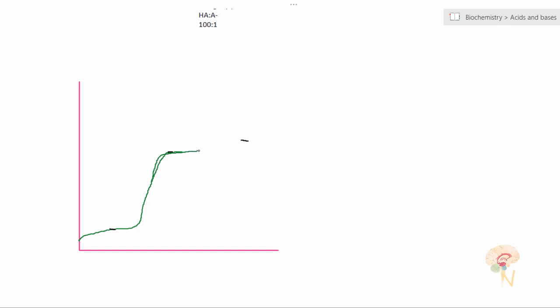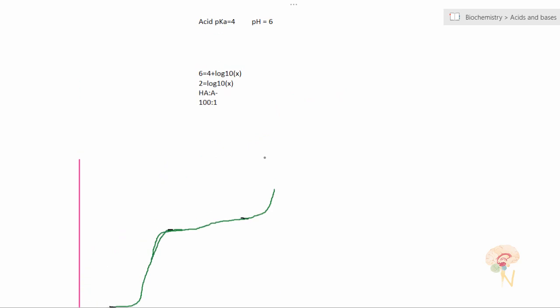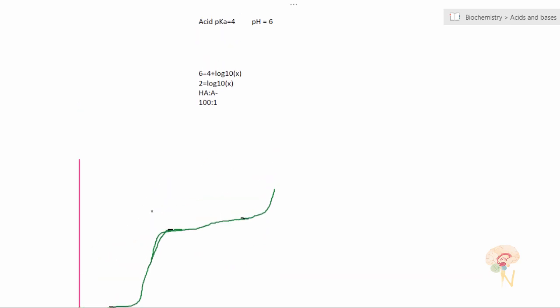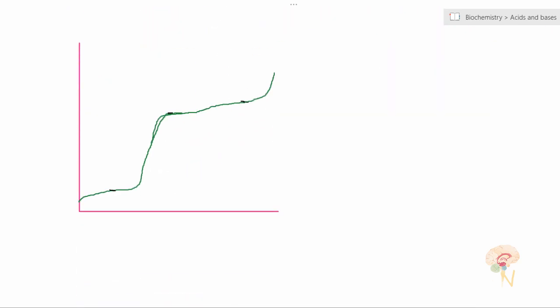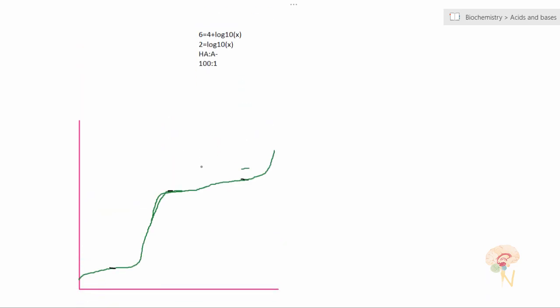A buffering region, a slight increase that I don't think you can notice in a titration curve, then it goes up again and ends. Or you can just add this part that nobody draws, just forget it. So this is the titration curve of cysteine and tyrosine. Tyrosine will have this one slightly higher. So the titration curve looks like it's a base.